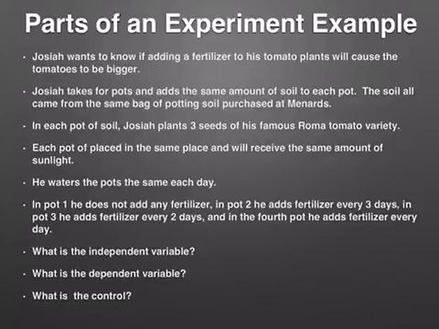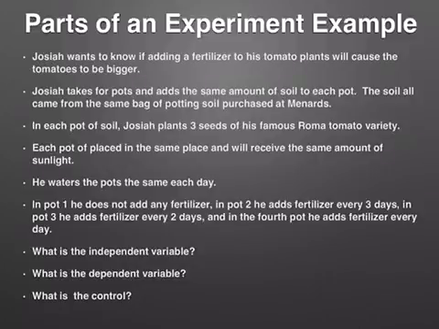Josiah wants to know if adding a fertilizer to his tomato plants will cause the tomatoes to be bigger. Josiah takes 4 pots and adds the same amount of soil to each pot. The soil all came from the same bag of potting soil purchased at Menards. In each pot of soil, Josiah plants 3 seeds of his famous Roma tomato variety.